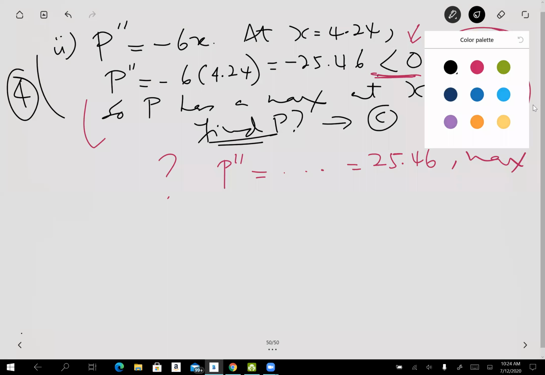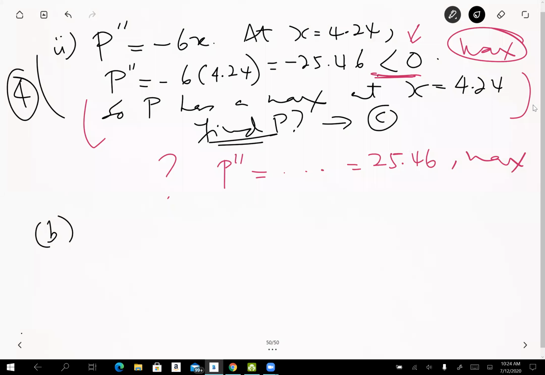Now for part B, I want to find the price. To find the price, substitute P equal to 4.24. Oh yeah, I forgot. You have to describe that point.